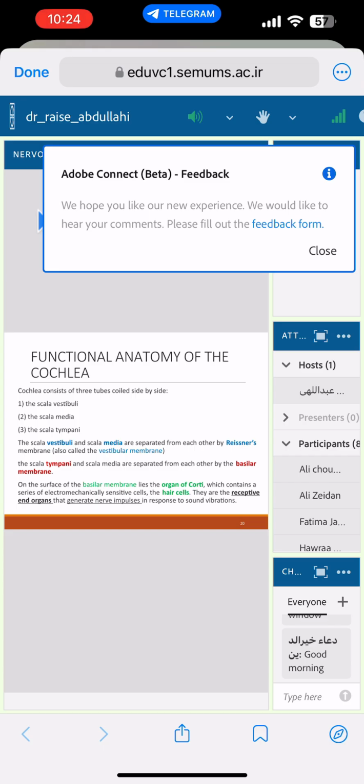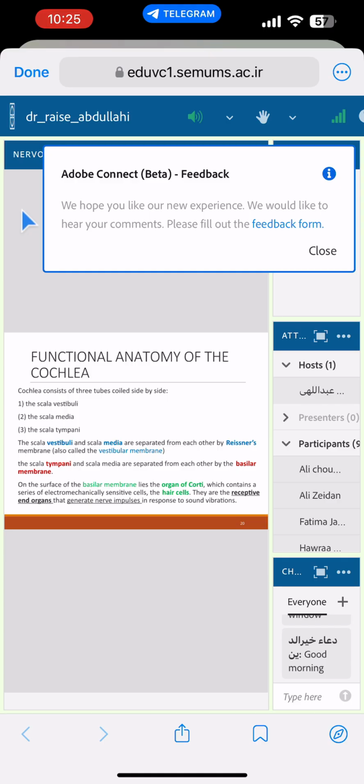So this slide is important and simply describes the structure of the cochlea: three tubes coiled side by side, Reissner membrane between the scala vestibuli and scala media, and basilar membrane between the scala media and scala tympani.